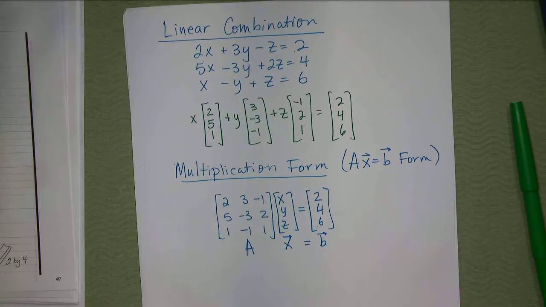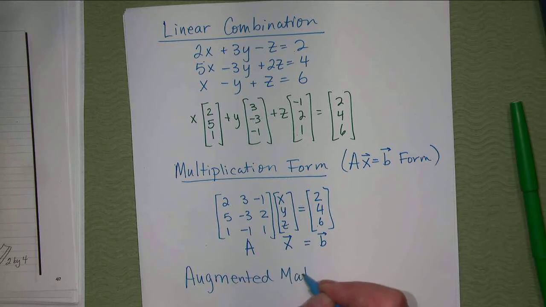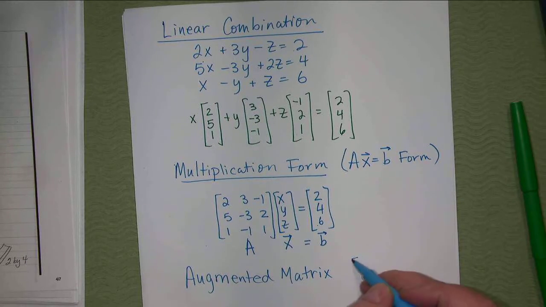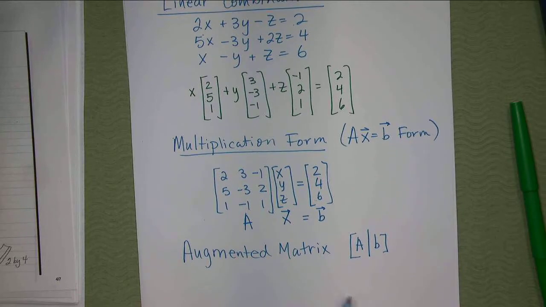And then augmented matrix form. So this is what the form looks like. Square brackets always, when we're doing matrices. And this is like an absolute value line. It's just a line. It's not curved.